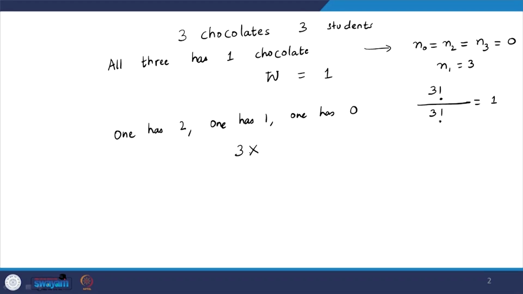So, out of this in 2 ways I can pick the one containing 1 chocolate. So, the number of ways in this case is going to be 6. We can also see it using the same formula.